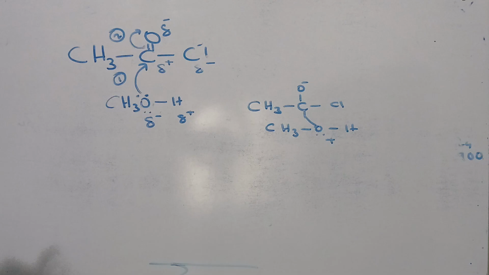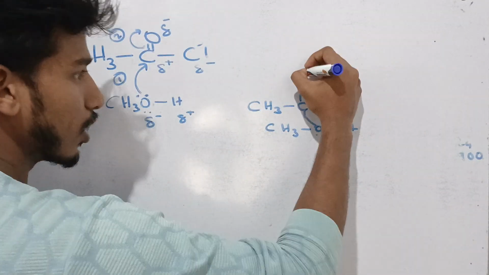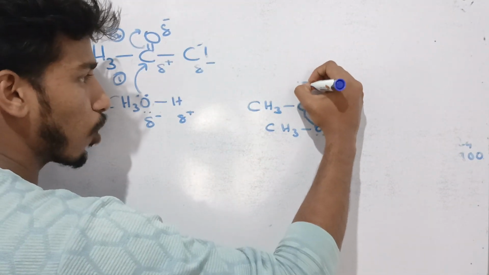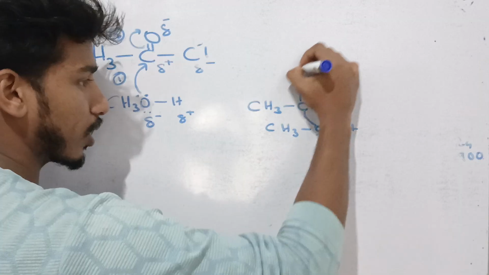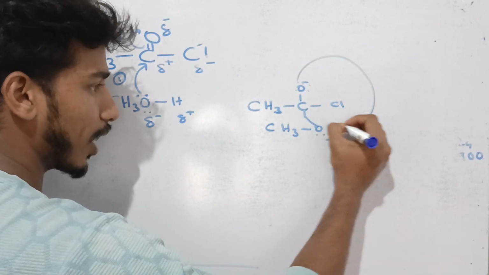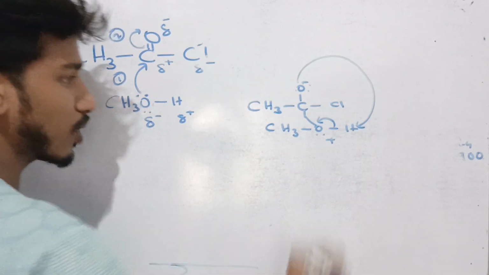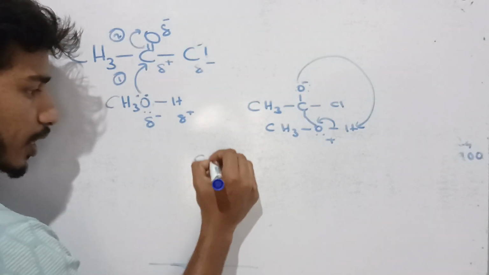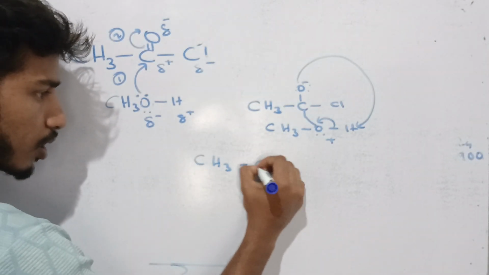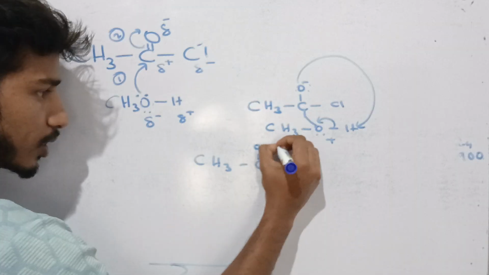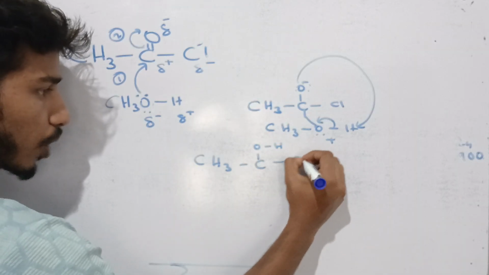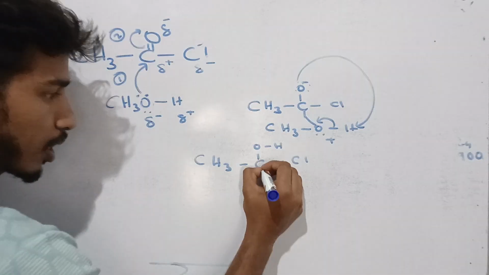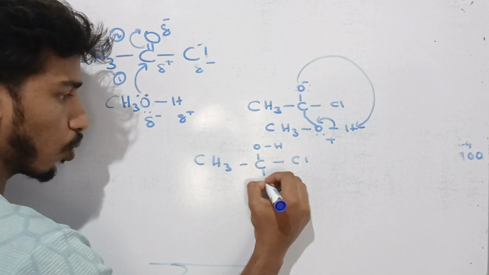We can see that this compound is not that stable. There are so many lone pairs present on this oxygen, so it takes this hydrogen, breaking this bond. So eventually we will get CH3 carbon and OH, a chloride attached here, and an OCH3.